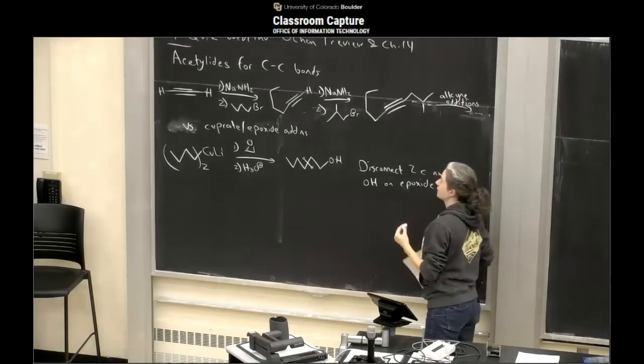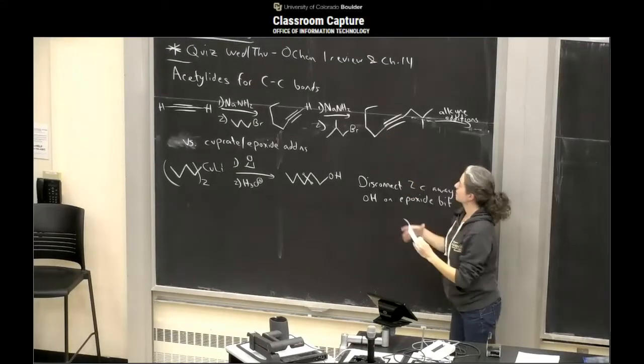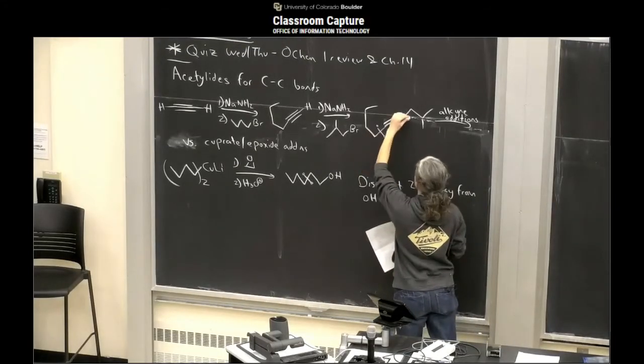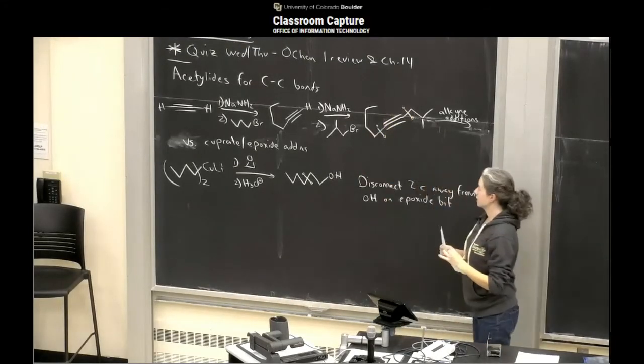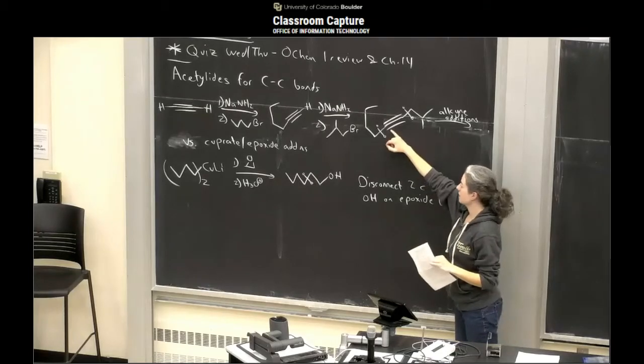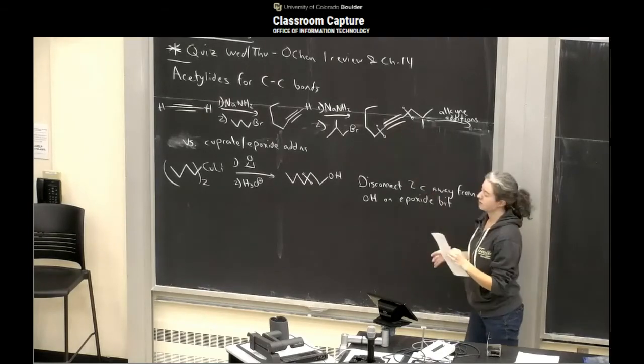Versus, if we're doing carbon-carbon bond formation this way, our disconnects are here and here. So the disconnect here is right up on the alkyne that you use to make the bonds.